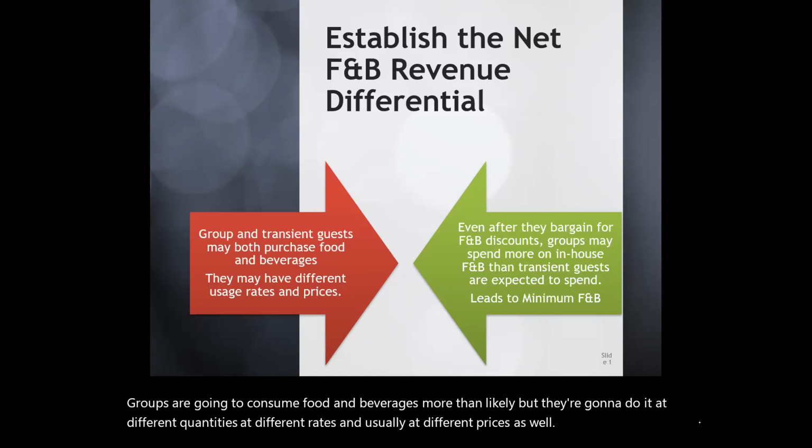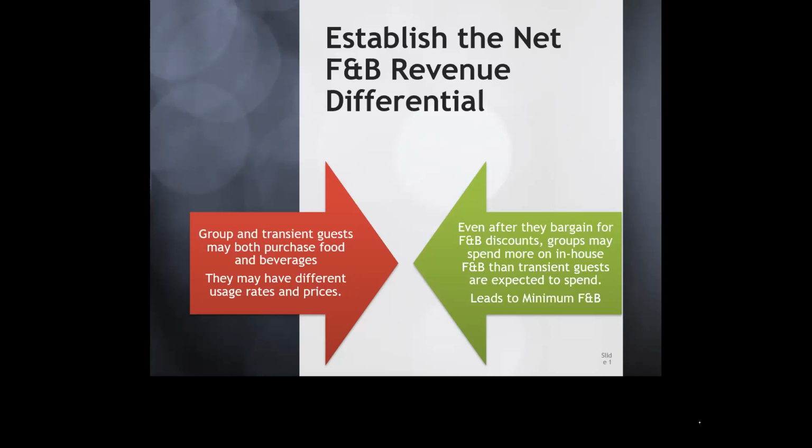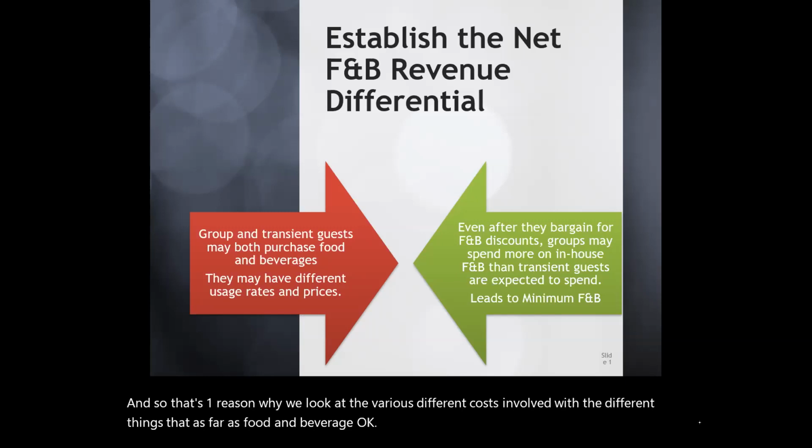Typically, the groups are still going to spend more money than the transient guest will, more often than not, and so you'll usually see a positive number in this category.